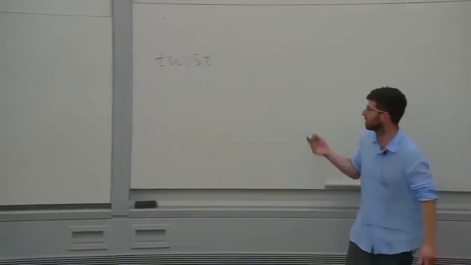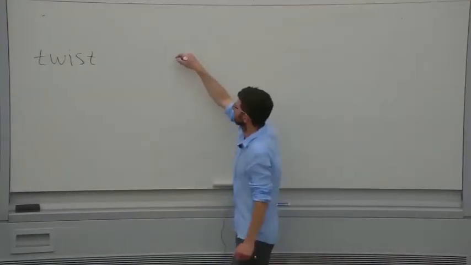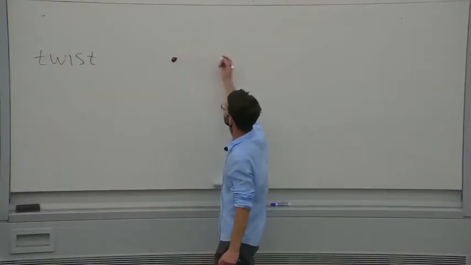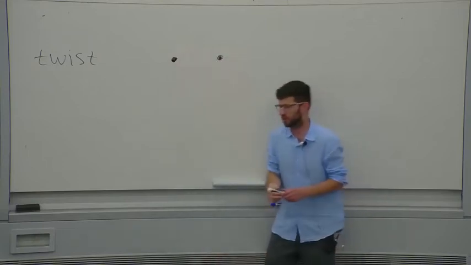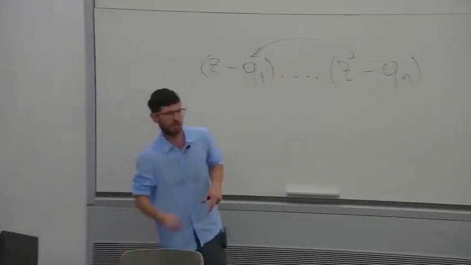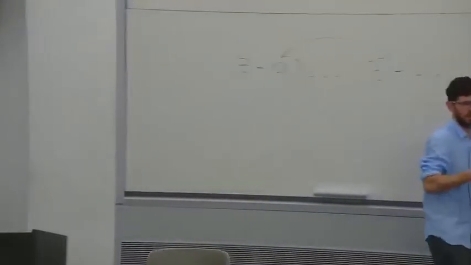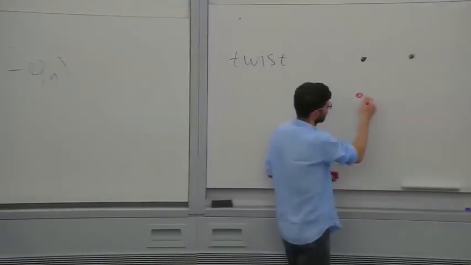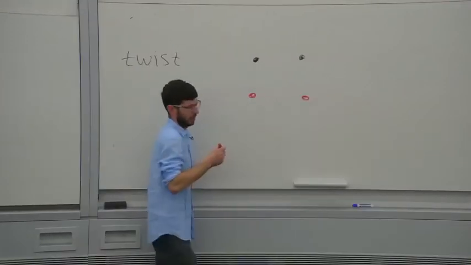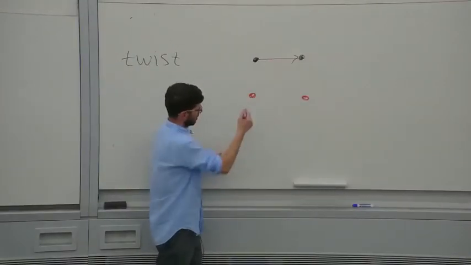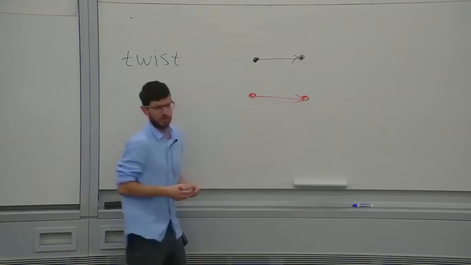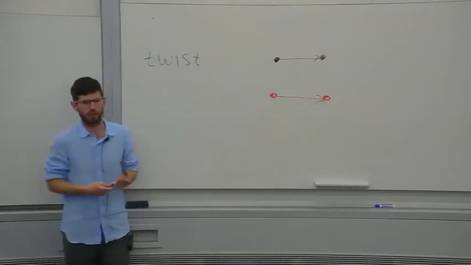So twist is this. You start with a quiver, and it's an operation you apply to a quiver. Let's say we have two vertices of a quiver. For all vertices of the quiver, we keep those vertices, but we also create their copies, so it's a kind of double of the quiver. If these were connected by an edge, these are also connected by an edge.